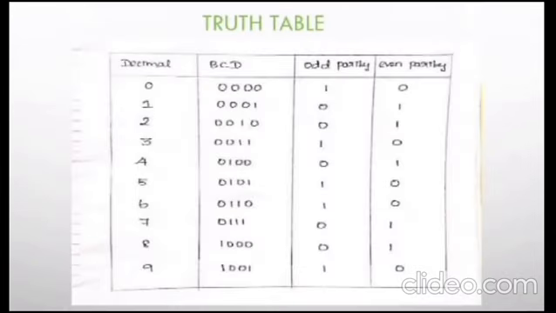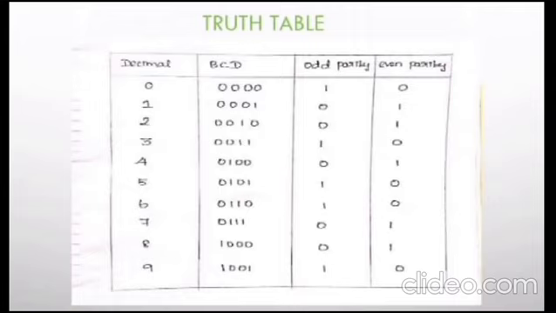Next, the truth table of odd parity and even parity. First column is decimal, second column is BCD code, third column is odd parity, fourth column is even parity. We find out the odd parity from the decimal and BCD code. From the 4-digit BCD code, only one number is different, others are the same, hence the odd parity is 0. In the given 4-digit code the ones are the same and also the two pairs of 4-digit code are the same, hence the odd parity is 1.